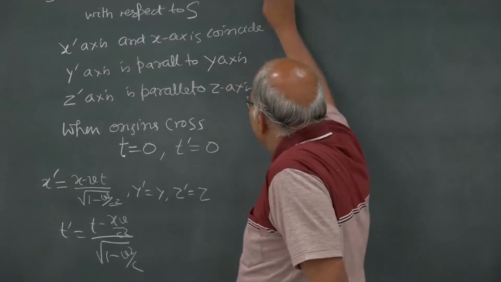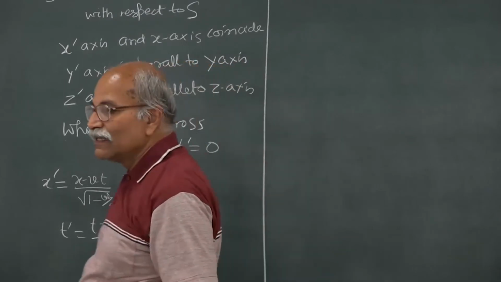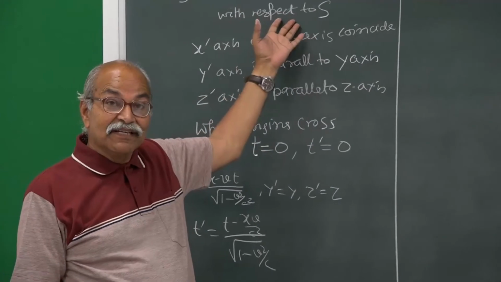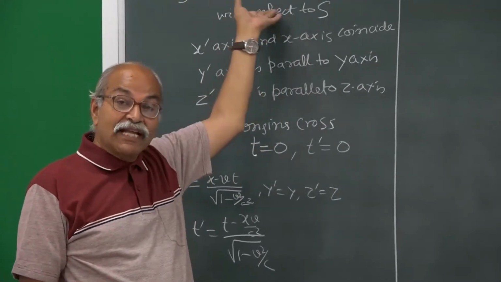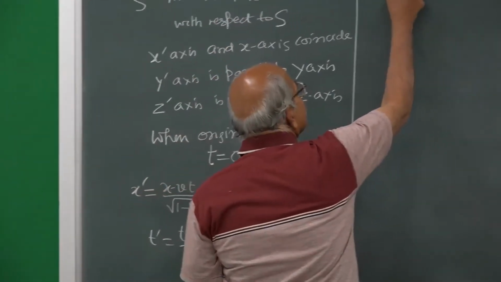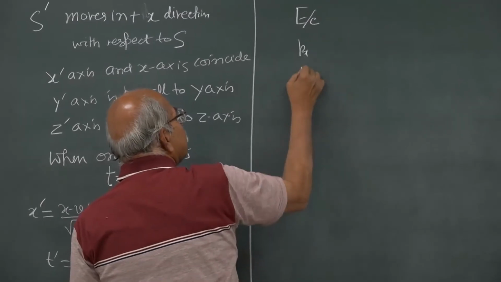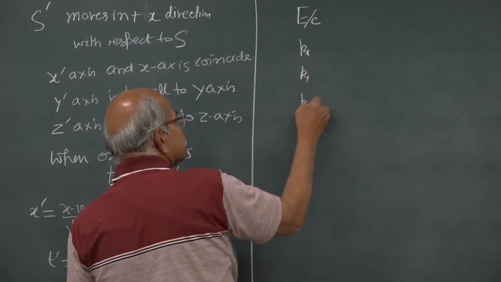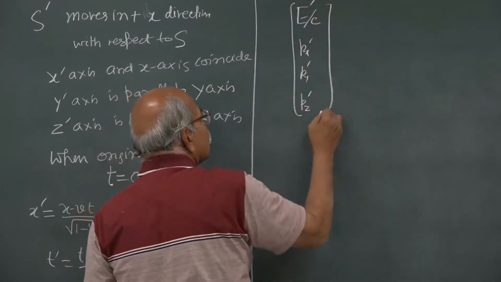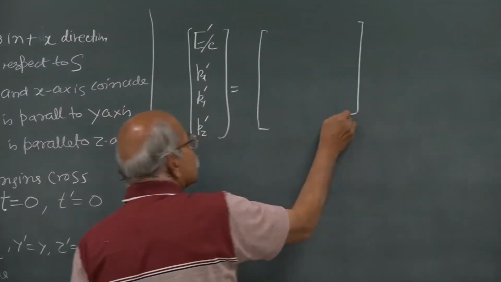But we can say some things about our components of a 4 vector, even if axis systems are different, even if S prime is not described through this prescription. If we have E by c, Px, Py, Pz, primed, you will have a transformation matrix.